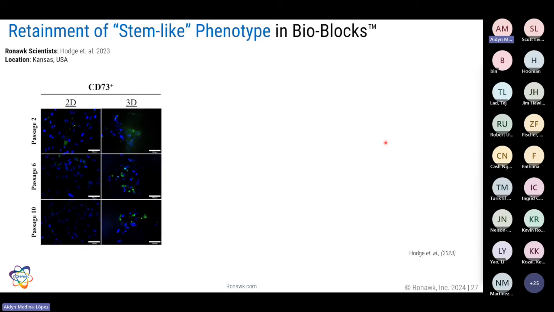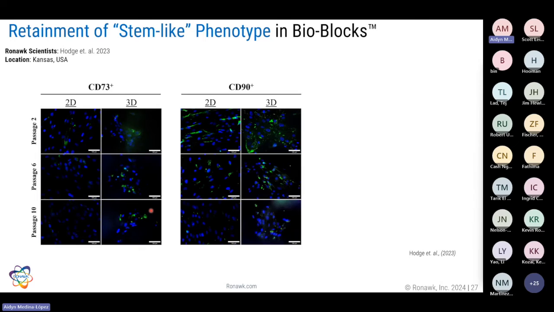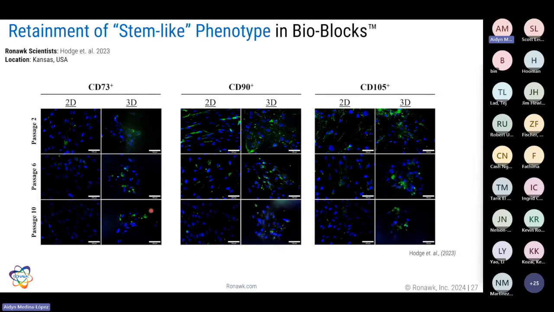And what we can see here is that even at passage 10, which is a 6-week culture, you can see that the cells are retaining those markers right there, not only for the CD73, but also for CD90 and CD105, while the 2D culture starts very strong and then starts losing that marker right there.